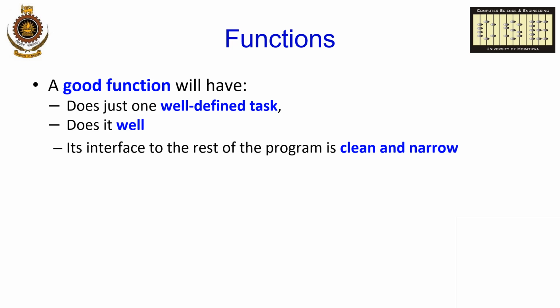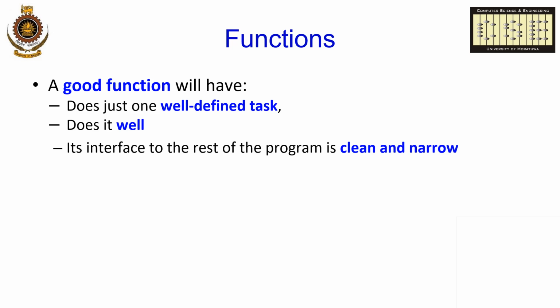One important thing to learn besides the fundamentals is how to write a good function as a good programmer, good software engineer, right? A good function will have just one well-defined task, right? It's a very specific thing, a task that the function is supposed to do.